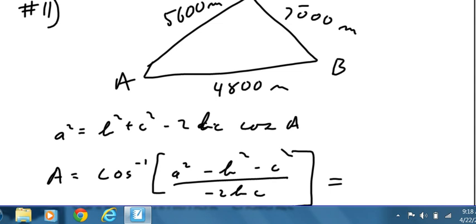So arc cosine of A, 7,000 squared, minus B, 5,600 squared minus 4,800 squared.